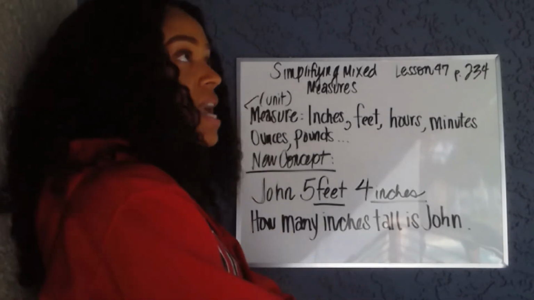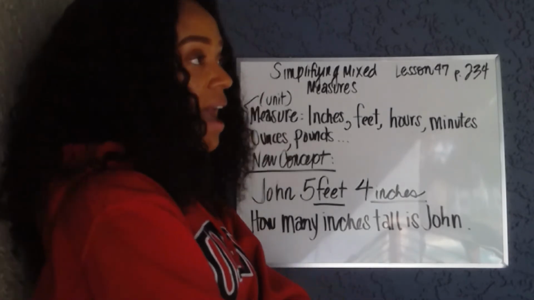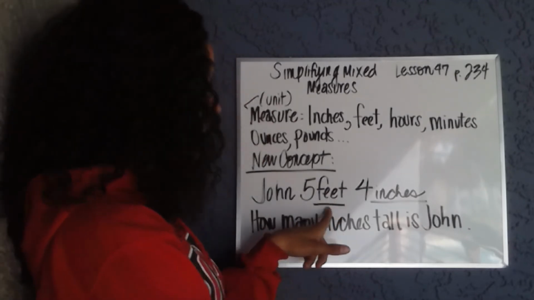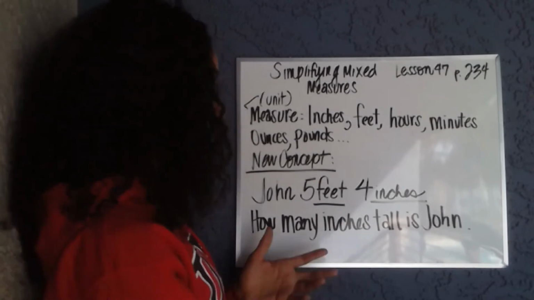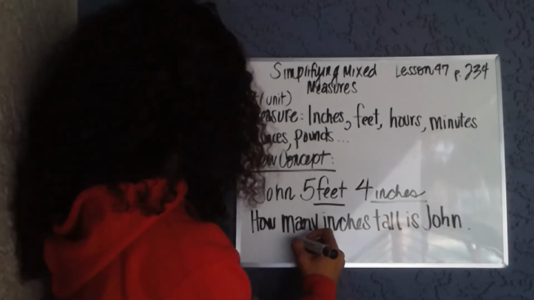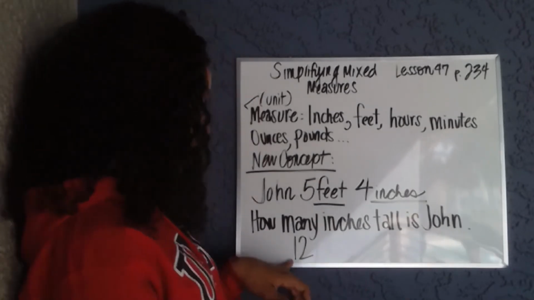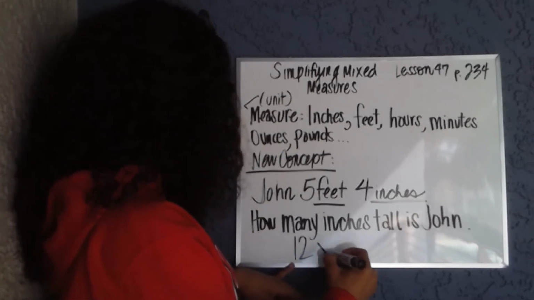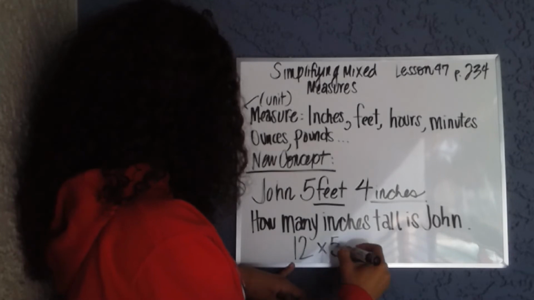Well, I remember that there are 12 inches in 1 foot. So I need to take my base measurement, 12, because we're changing over to inches, right? And I need to multiply that times my 5 feet to get my conversion.